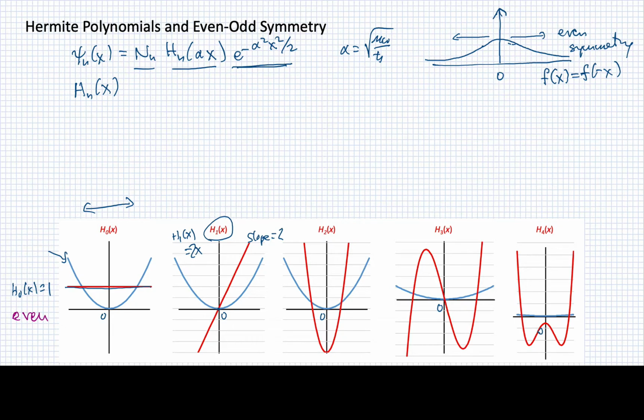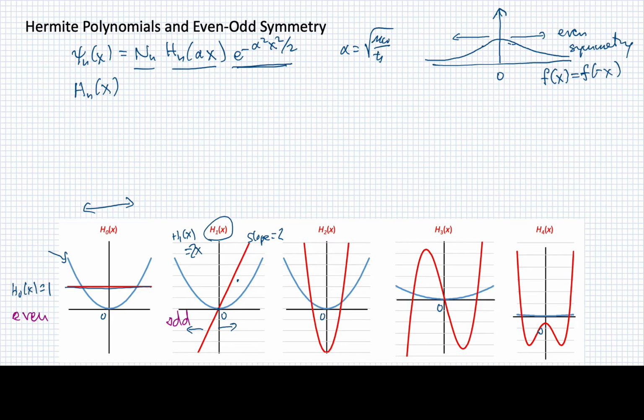Now, we can see that values on the right-hand side are positive, and on this side, they're negative. They're, in fact, reflected across the origin. So this is a clear case of an odd function as it crosses the origin.